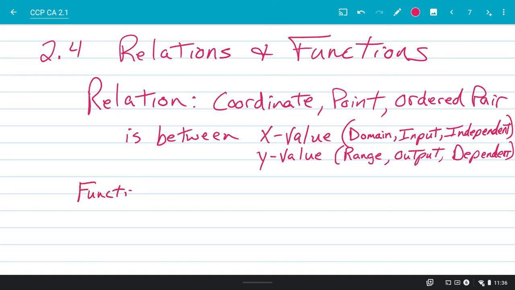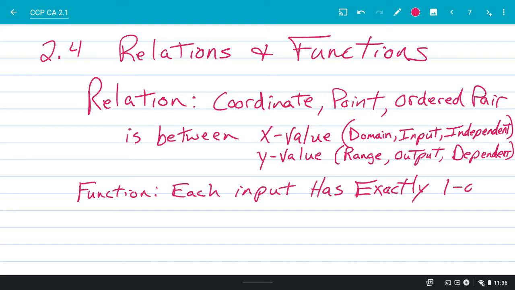now that's important. Can anybody give me the definition of a function? Very good. Each input has exactly one output.